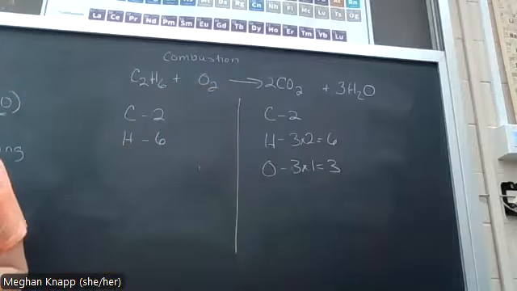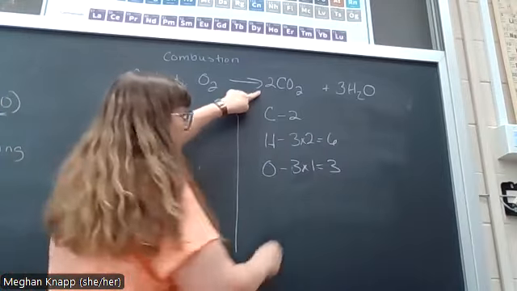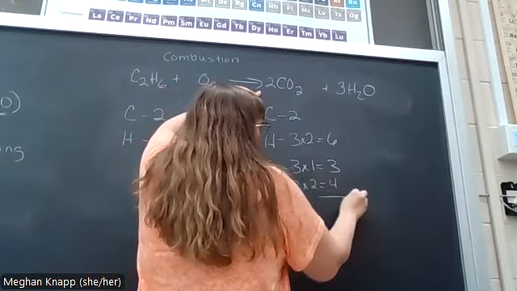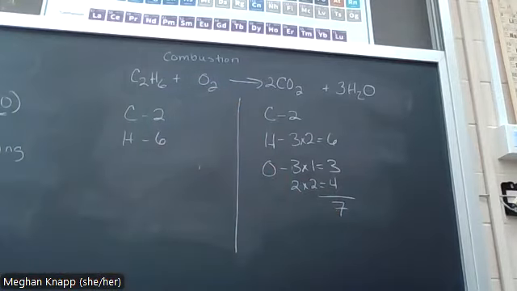Okay, but I have oxygen in 2 places, so make sure you're counting all the places. So over here, I have 2 times 2 is 4, so I have a total of 7 oxygens. All right, everybody see why we have 7 instead of just one of those other numbers?